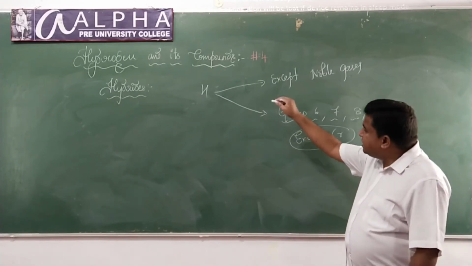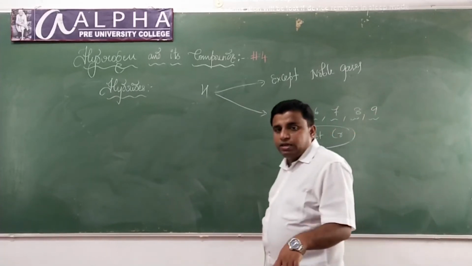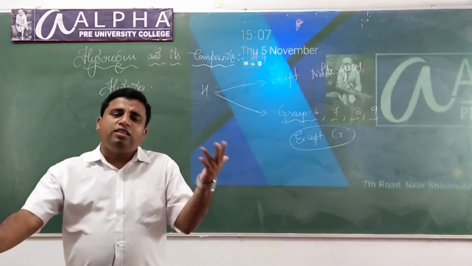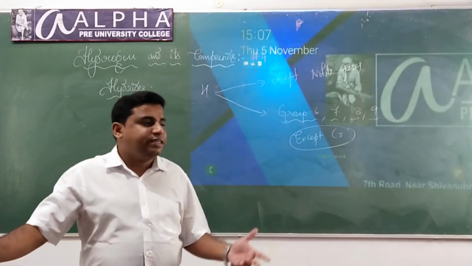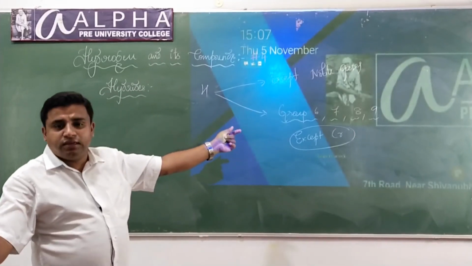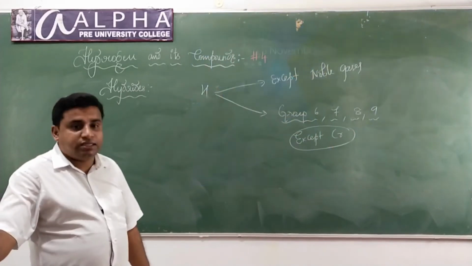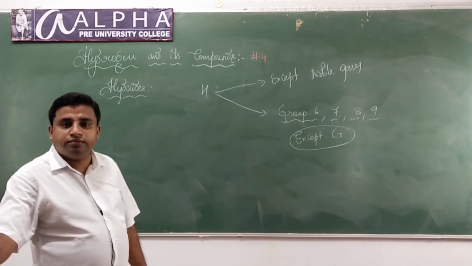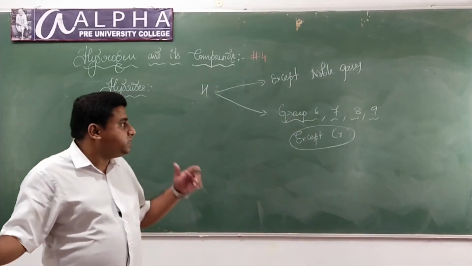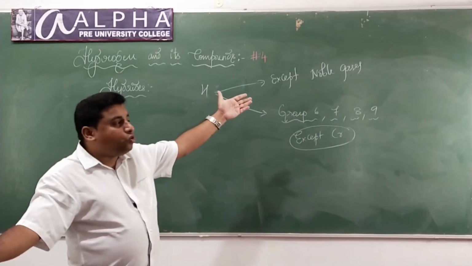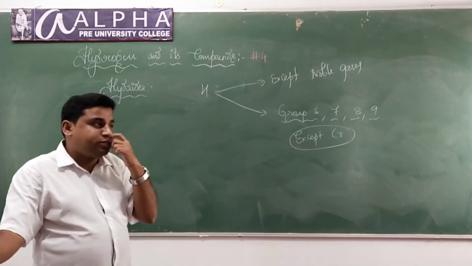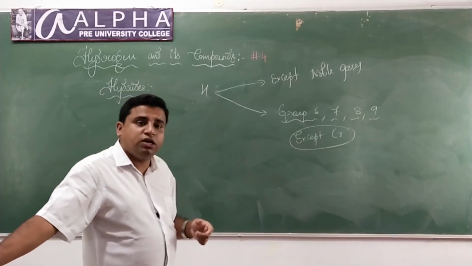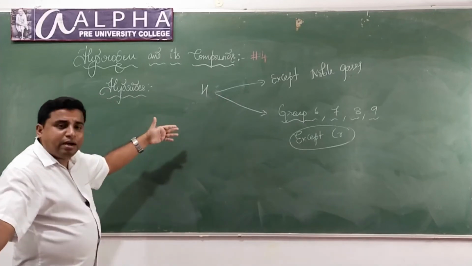So except these cases, hydrogen will react with almost all the elements. It will react with all the elements except noble gases and these groups. That means it will combine with almost all the elements.